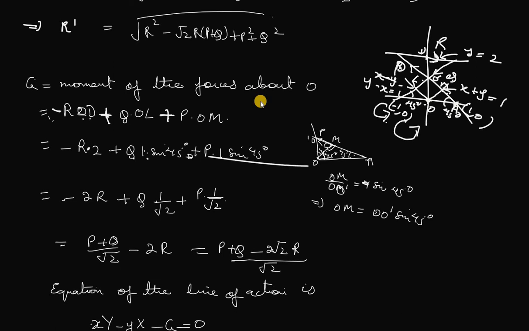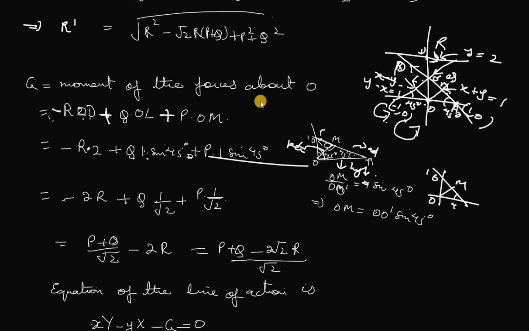M here is this, if you draw here, as you can see. Consider this as the adjacent side, and this part, OM, as the perpendicular, and this as the hypotenuse. You can see from this triangle that if this is 45, then this angle is also 45, such that here you have 90 degrees since it is perpendicular. Here it is M, this is O, and this is O prime in the figure.